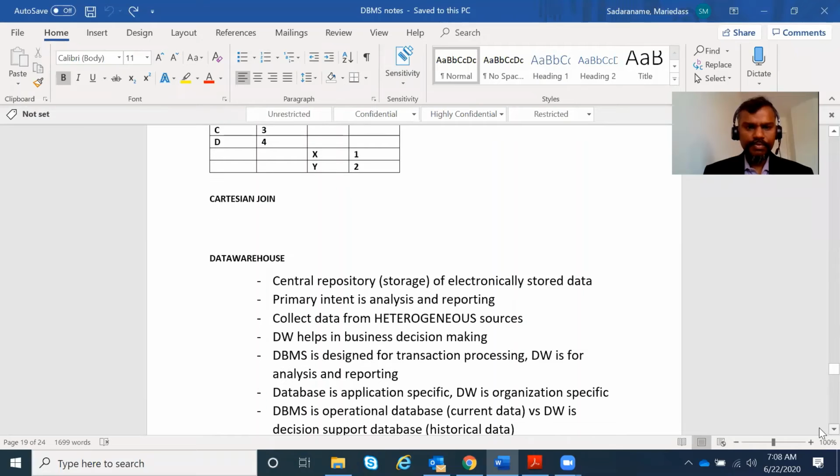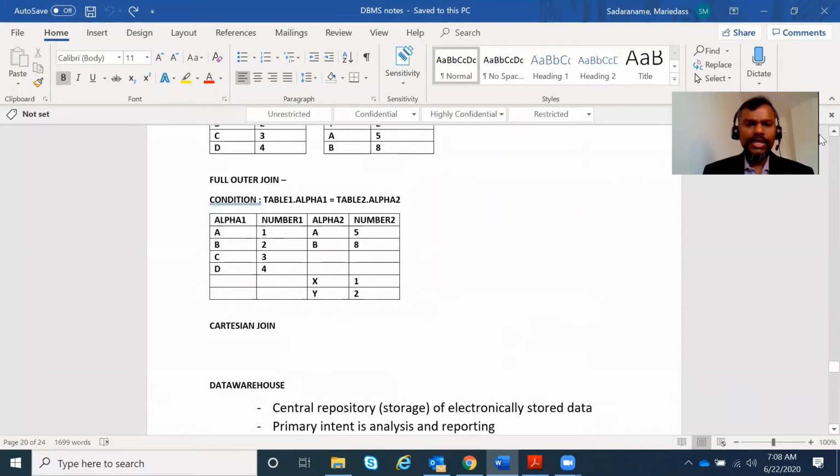Generally, if you remember, the term join means you're trying to join two or more tables based on a condition. You supply a condition and say check the condition on these two tables or more. Each condition will run on two tables. For example, I said table 1 dot column 1 is equal to table 2 dot column 2.